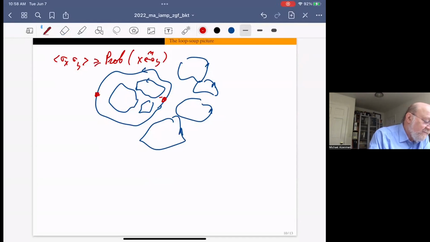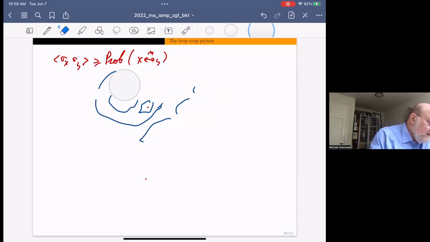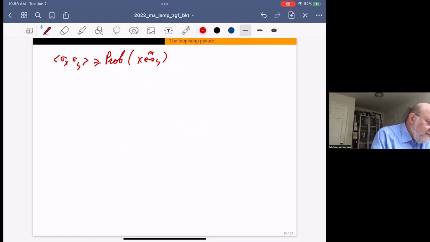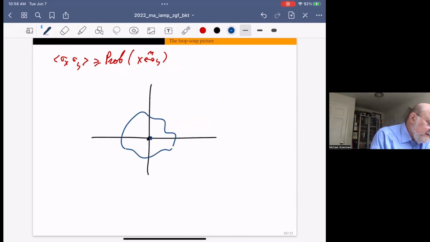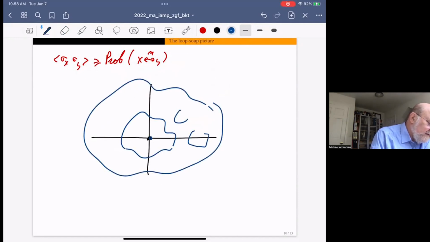That's somewhat unusual. But in that situation, notice the following, that when you have a system of random loops, a natural question is to ask whether the system admits an infinite family of loops encircling the origin.